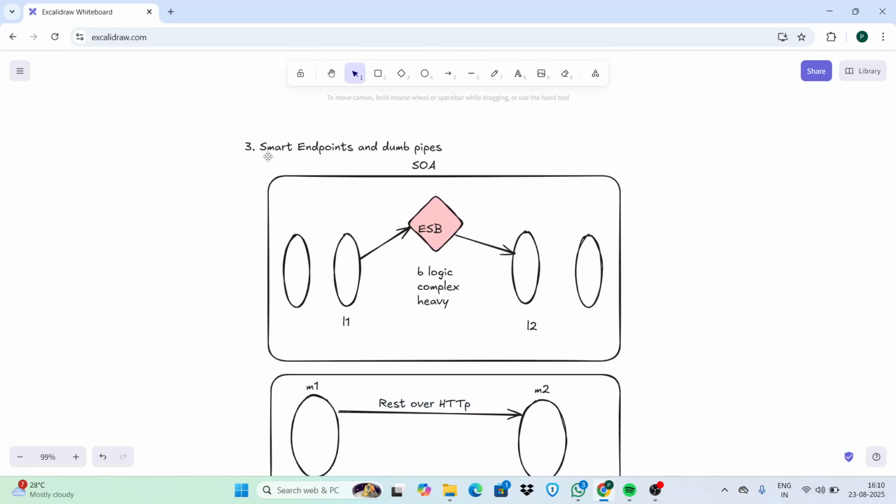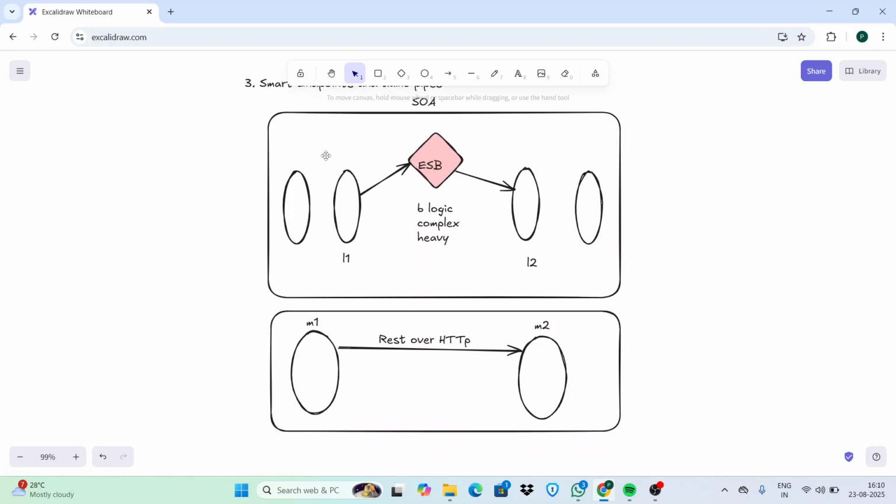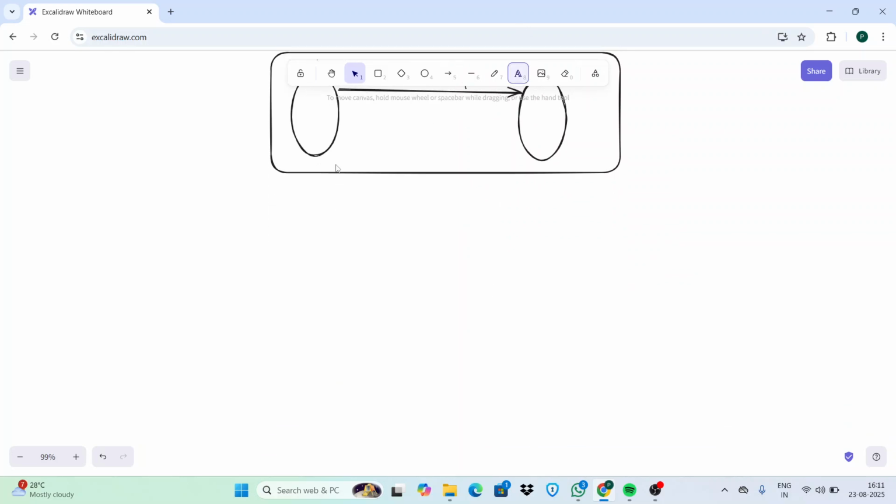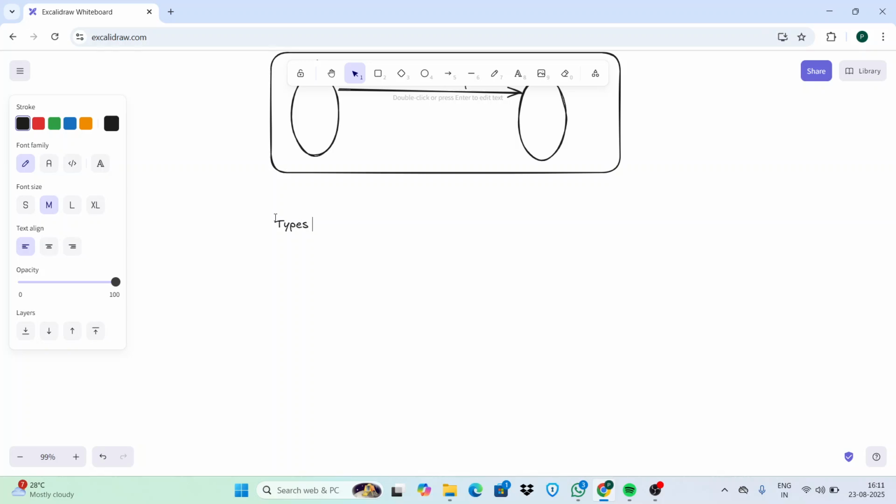So it is said that smart endpoints and dumb pipes, the communication, that means this pipe should be dumb. So there are methods of communication, there are types of communication.